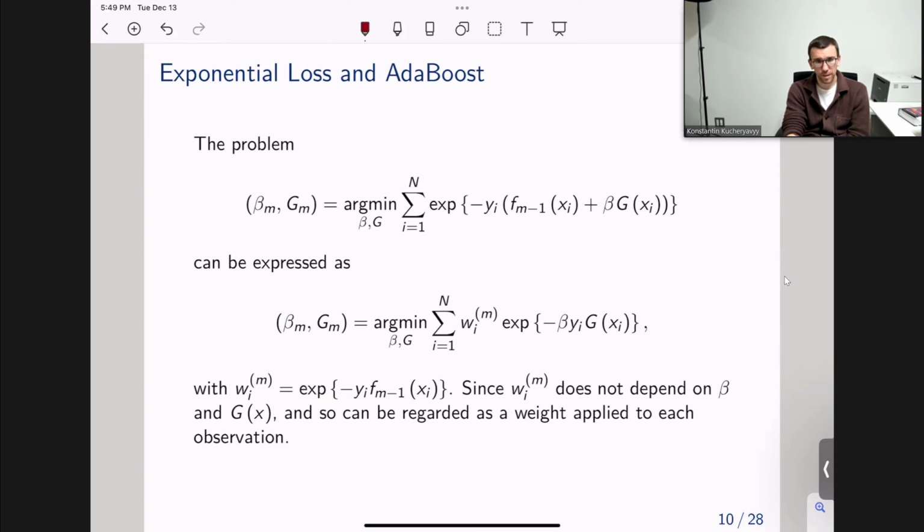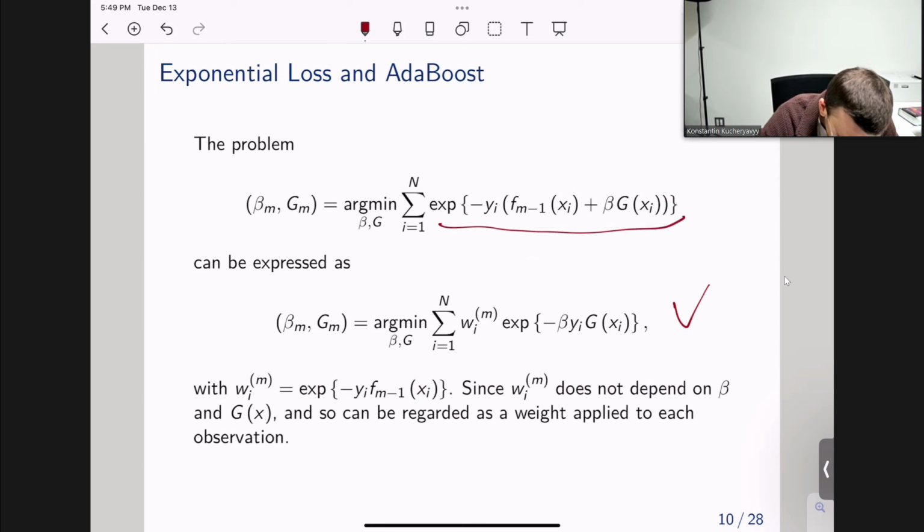To prove this, we can rewrite the minimization problem as in the second equation here, where we break this exponent into two parts, this part and this part.